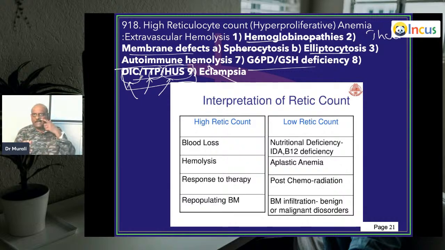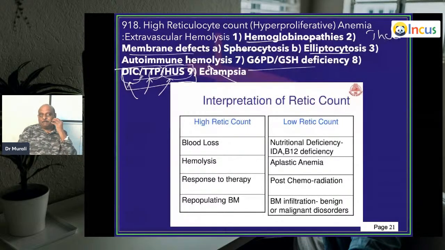Once more, purpura typically you see in elderly people, when they fall down, they will get a collection of blood under the skin, no? So they have purpura, a larger collection of blood under the skin. Purpura can be of two types. You can palpate them, palpable purpura, and the ones you cannot palpate.